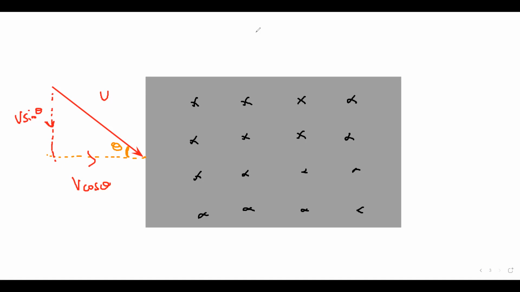Or if the angle is given the other way around, so for example this angle was given, and this was v. So we resolve into components.